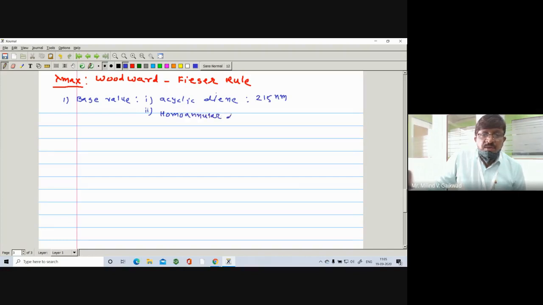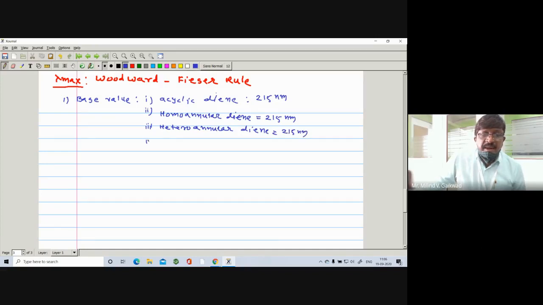Homoannular diene: it is a basic value for the homoannular diene. You have to add again the same 215 nanometer. If it is the example of a heteroannular diene, then again you have to add 215 nanometer.